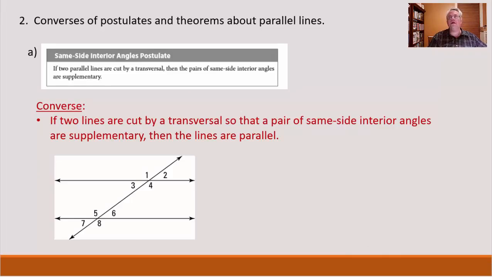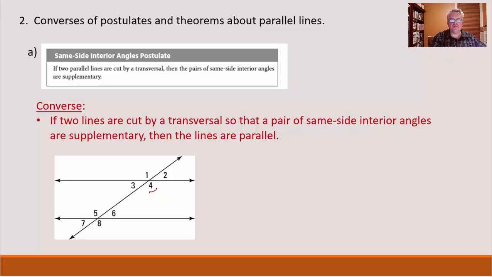Okay, now there's some important converses we want to talk about. And these relate to parallel lines, the terms we have already discussed. The first example is right here. If 2 parallel lines are cut by a transversal, then the pairs of same side interior angles are supplementary. We kind of know this one already.